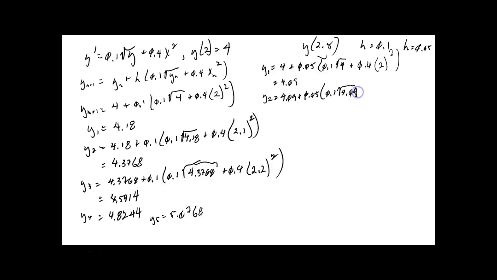Our writing is pretty lousy. Plus 0.4 times 2.05 squared. Punch those numbers in, and they gave you y2 to be 4.1824. Or is it 42? 42.